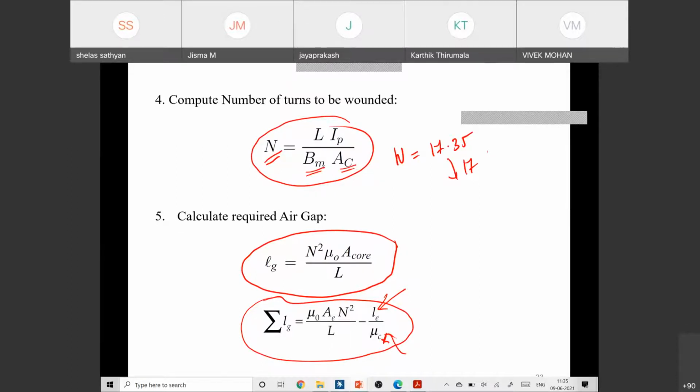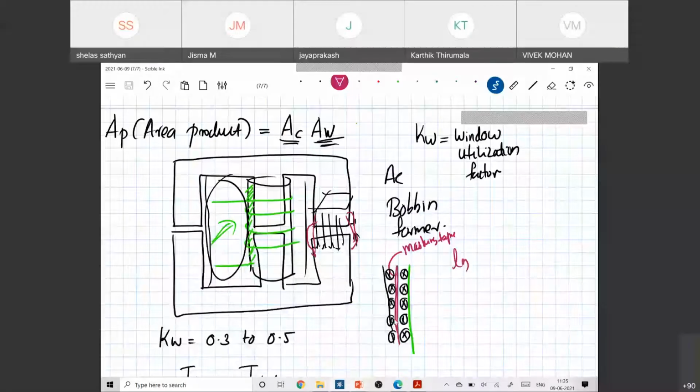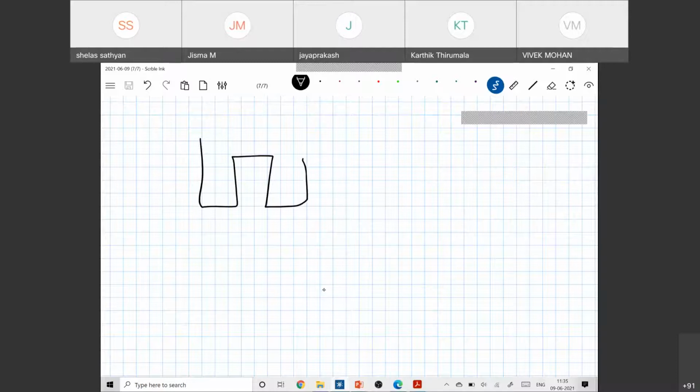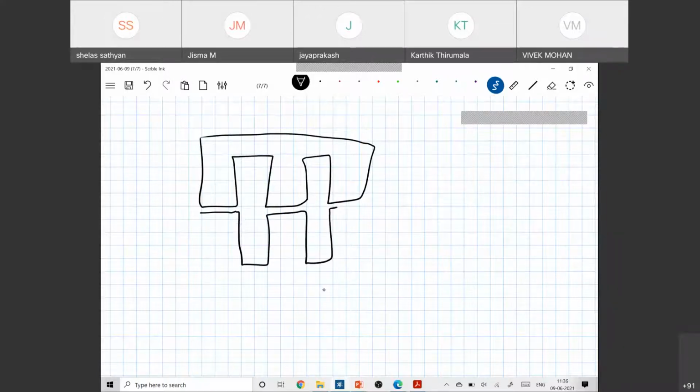So how to provide this air gap? There are two ways that you could provide the air gap. One is, let us see the same core. Air gap means between the core, right? So between the limbs, usually we will provide insulating papers.